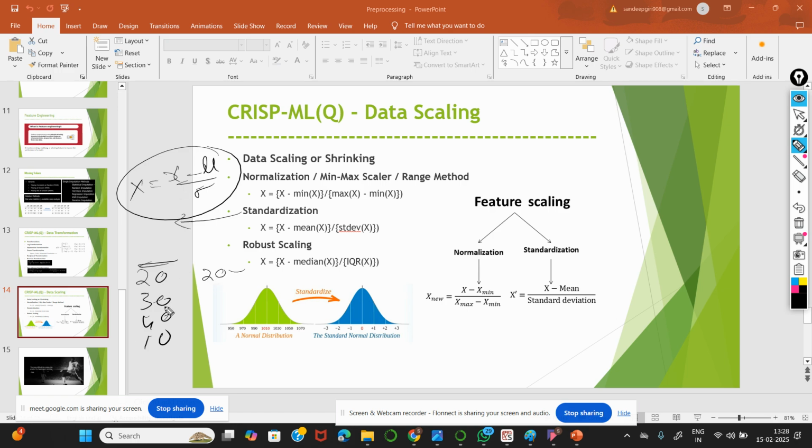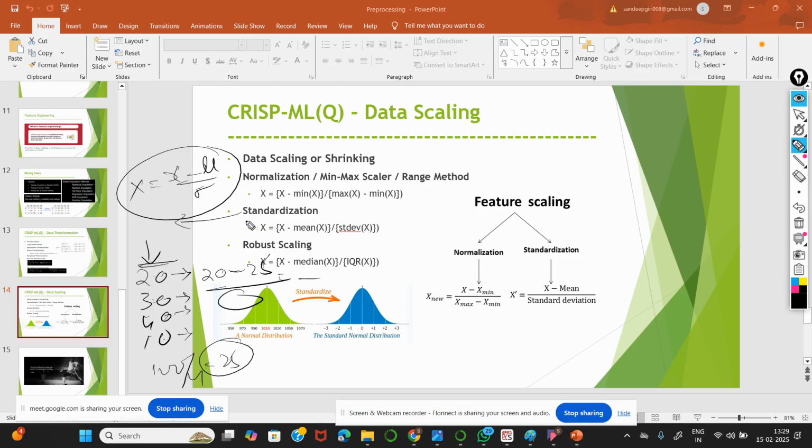What is the mean of this column? 20, 30, 40, 10 add up to 100. 100 by 4, 25. 25 is the mean. So 20 minus 25 divided by sigma. What is sigma? Standard deviation of this column. Calculate it, put it here, and get some output.